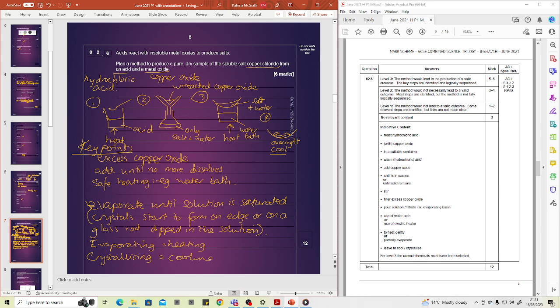So both of those are important. Okay, and as you can see in the mark scheme here, it says for level 3, the correct chemicals must have been selected. So lots of people might not say what the acid was or something like that, and then restrict themselves to 4 out of 6 marks.